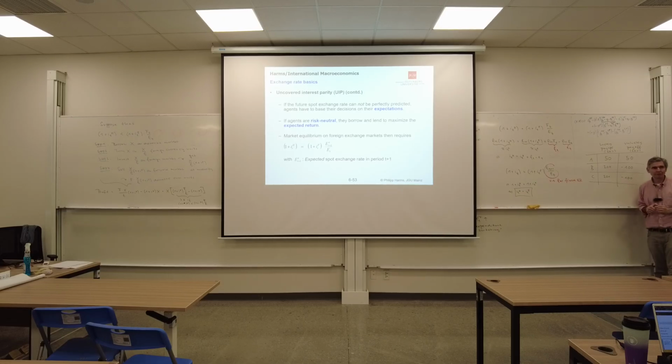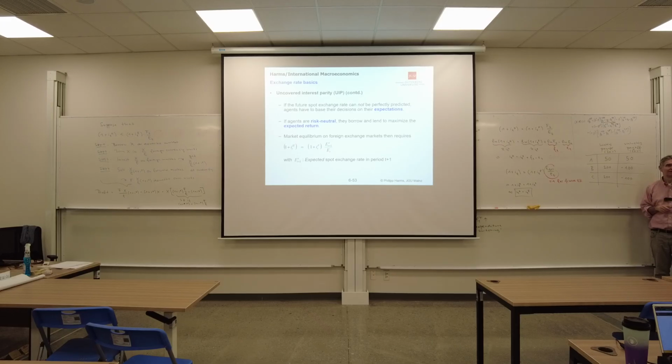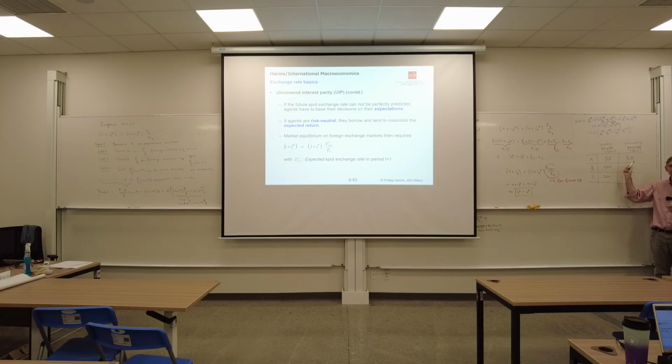So let me put this up for a vote. Just, this is not an exam question. Just suppose you're confronted with that. Here you get 50 in both states of nature.